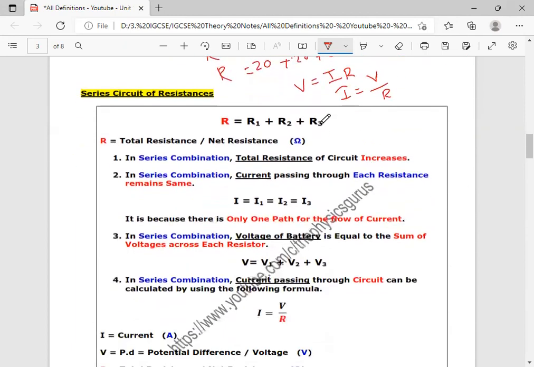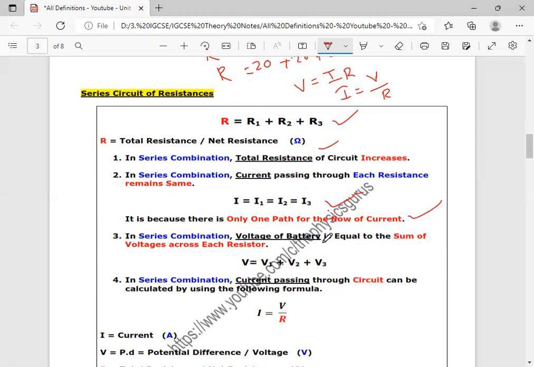So what are the properties or characteristics? In series combination, total resistance can be calculated by adding them. So total resistance increases and obviously current decreases. Overall current decreases as we add up the resistors. In series combination, current passing through each resistance remains the same. Why? Because there is only one path for the flow of current.